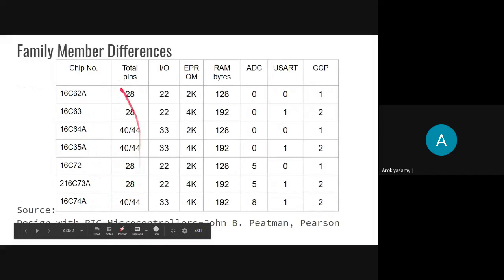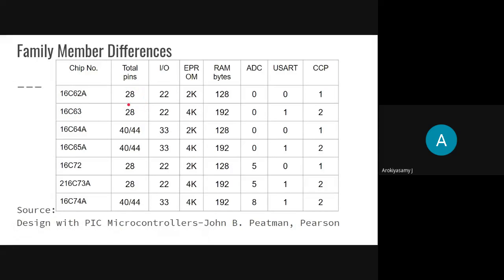So out of these total pins, how many pins are allotted for input-output port operations? Here, 22 pins out of 28 pins are allotted for 62A and 63A devices.